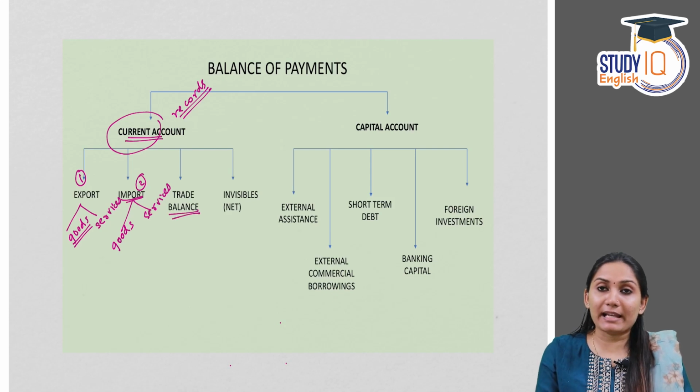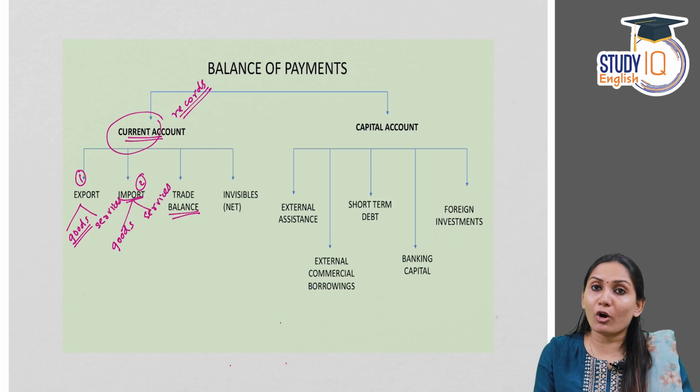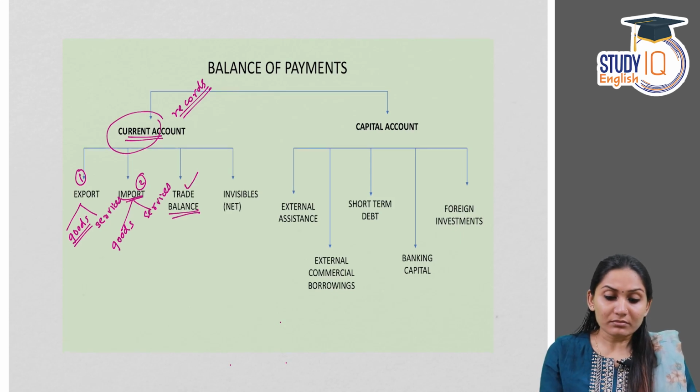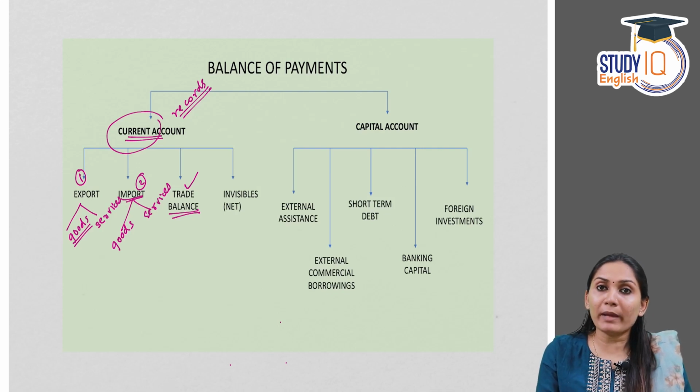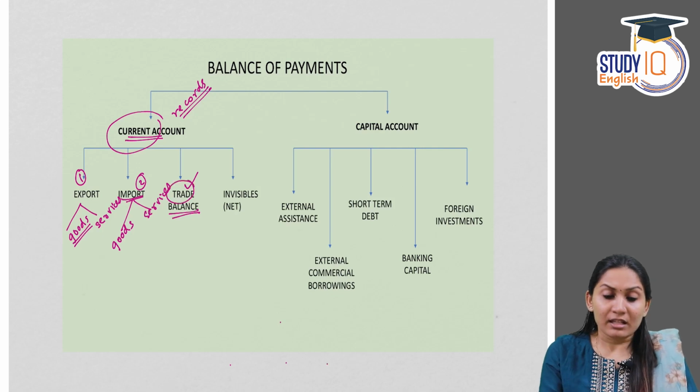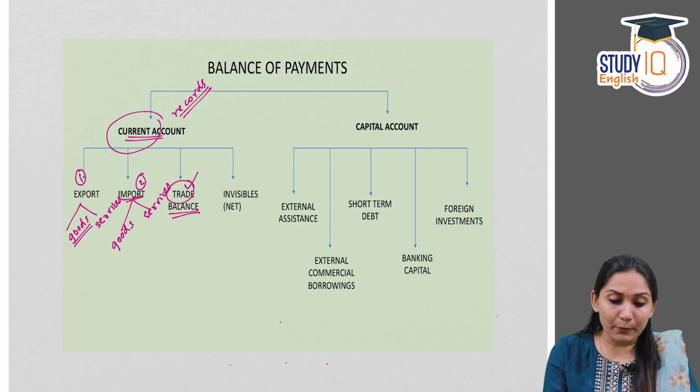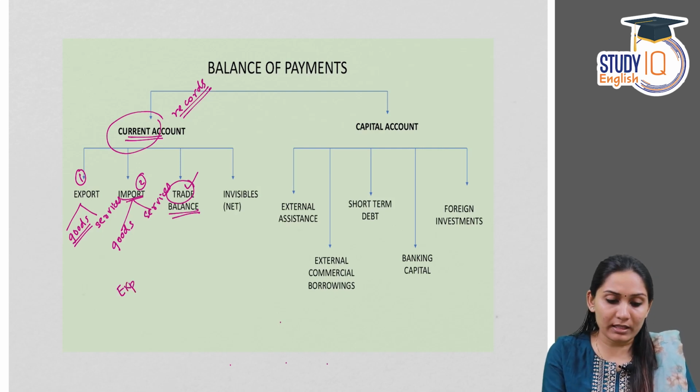Next is trade balance. Trade balance refers to whether it is a surplus trade or a deficit trade. Now, a trade balance is the difference between the exports and the imports. Two major components of a country's trade are exports as well as imports. So, trade balance refers to the excess of exports over the imports.